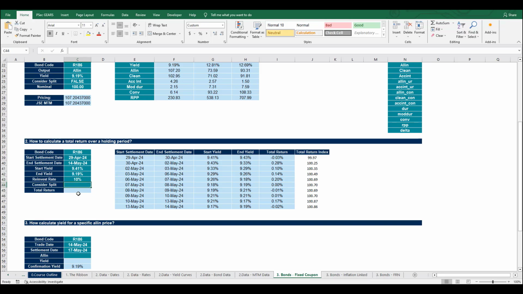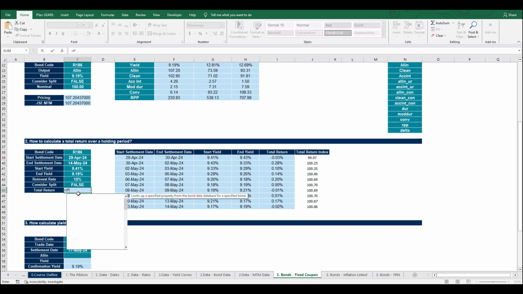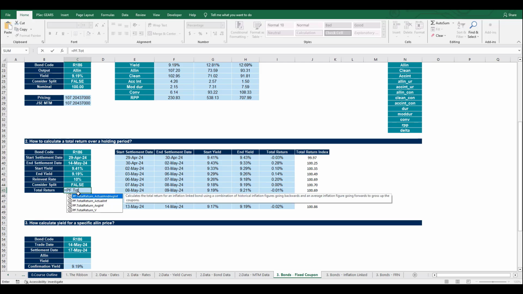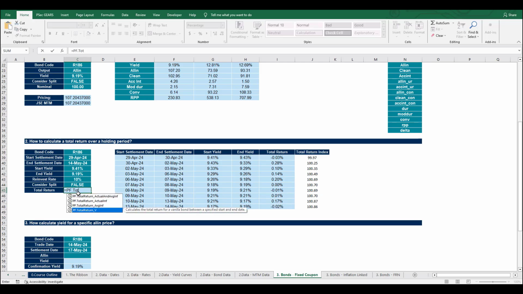Consider split, false, and then actually calculating the total return, we're going to use the pf.totalReturnV, V for vanilla. You also get, for average inflation, these are ILBs, total return functions. Total return V. We are going to use the R186.